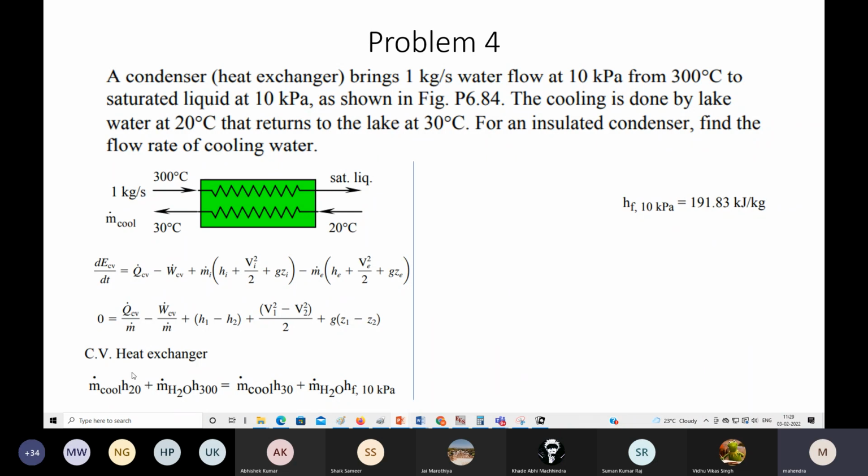That means enthalpy inlets equal enthalpy outlets; we have simply equated them. This is the stream coming in here, and this is the stream coming in here. If you observe, the flow is in the opposite direction. Based upon that phenomenon, these heat exchangers are classified in different ways.